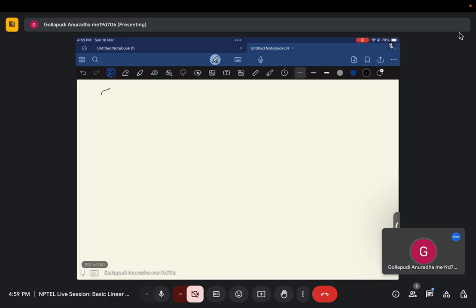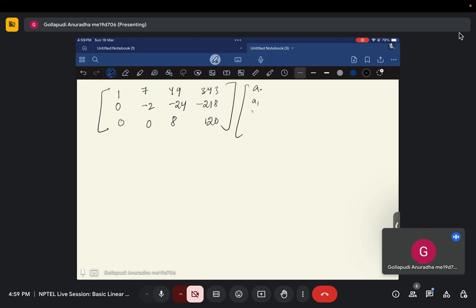We'll be getting 1, 7, 49, 343, 0, −2, −24, −218, 0, 0, 8, 120, times a0, a1, a2, a3 equals 0, 0, 0, 0. Okay, now beyond this I cannot reduce further, so we have rank 3.